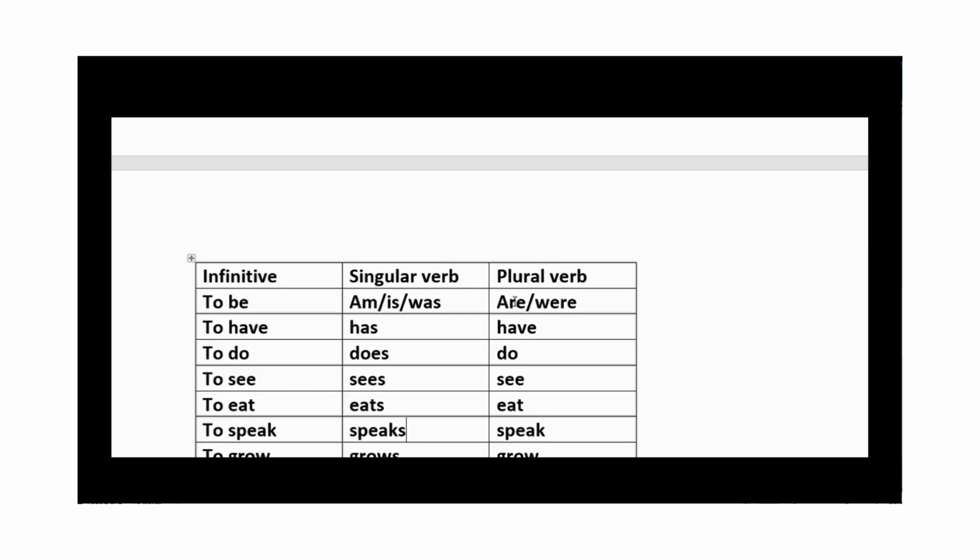Plural present tense are, plural past tense were. So the verb to be can become any of these to agree with the subject. That would depend on the subject we're using. Now, the singular verb can add s or es to agree with the subject, but the plural verbs do not add s or es to agree with the subject. However, sometimes they can change in spelling, like are and were.